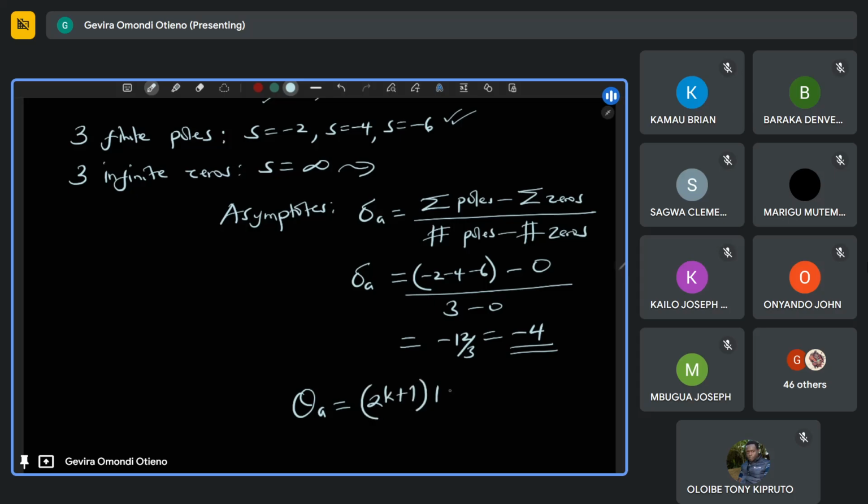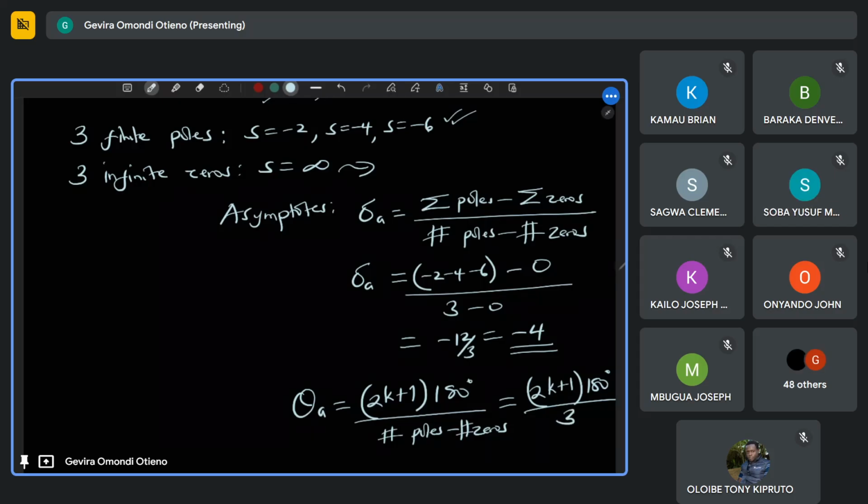I can either put pi or 180 degrees over the number of poles minus the number of zeros. In our case, we have 2k plus 1, again pi or 180 degrees over 3.